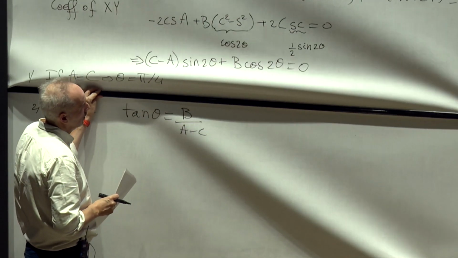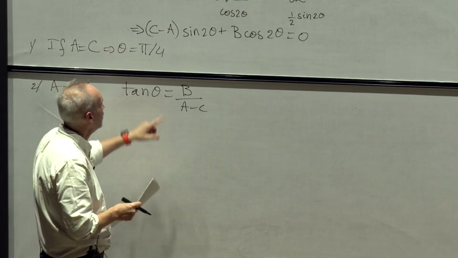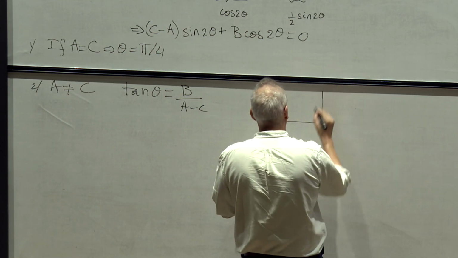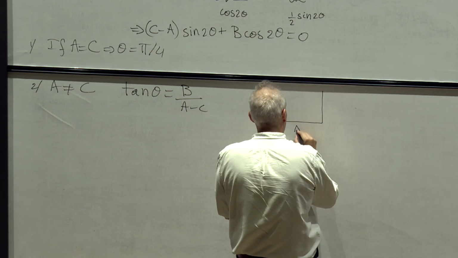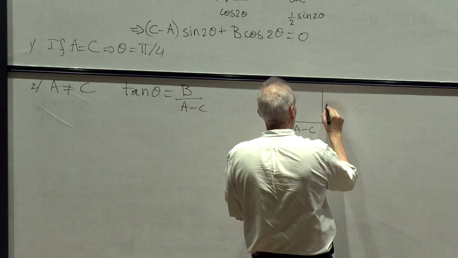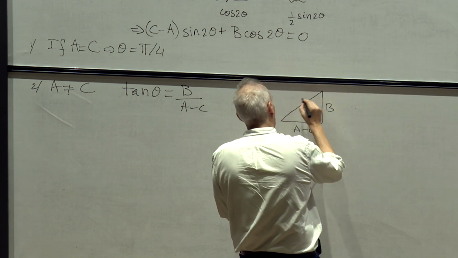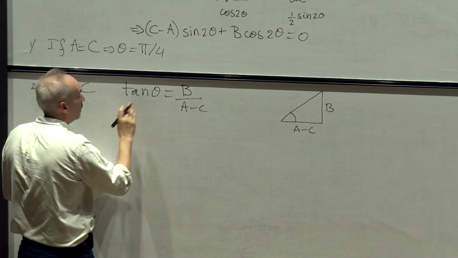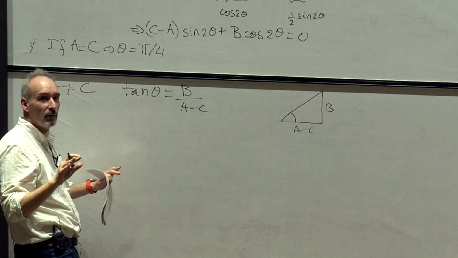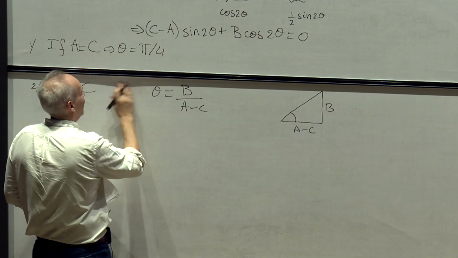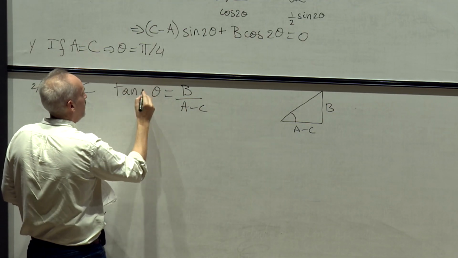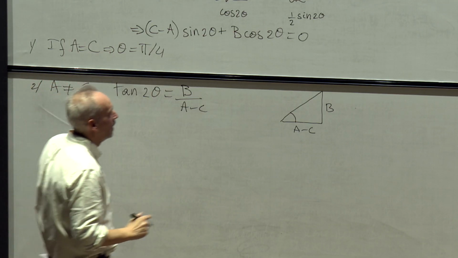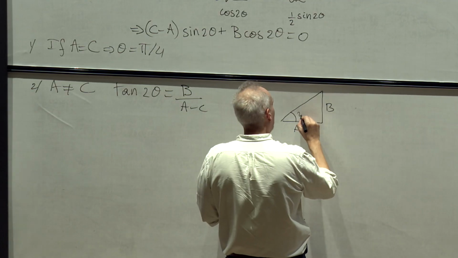Okay, so what is the trigonometry of that? This is a little triangle with sides a minus c and b, and this is the angle 2 theta.